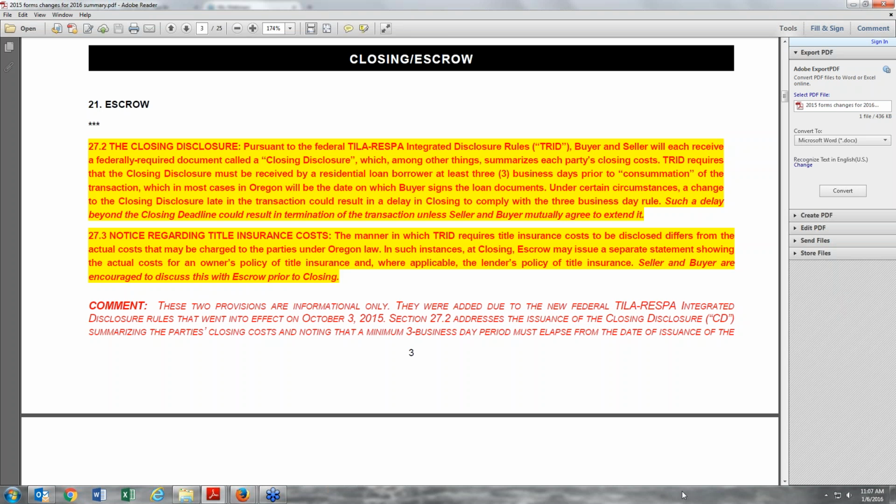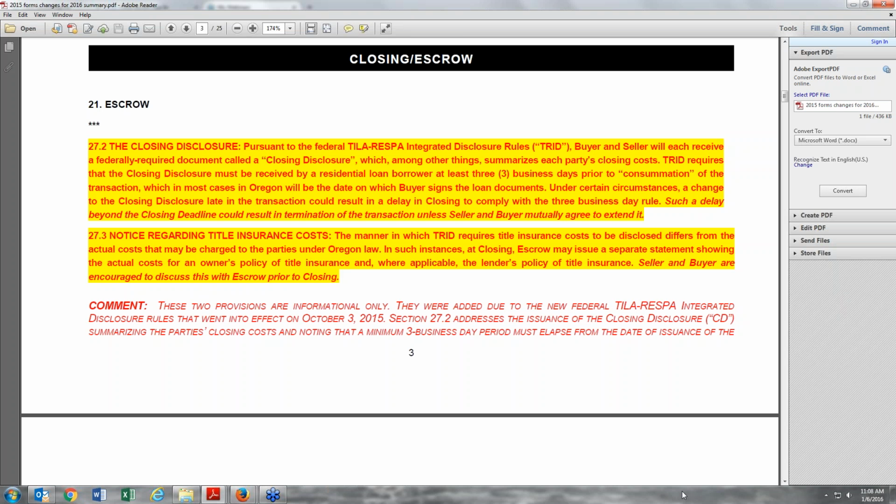Consummation is defined by the TRID folks as being the date that the loan becomes binding. And if you look at the rules and the explanations by the CFPB, they'll say that the date of consummation could be the same as the closing date, but isn't necessarily. That is not consistent with how transactions are treated in Oregon and a lot of other states. That is to say, a closing date is a closing date.